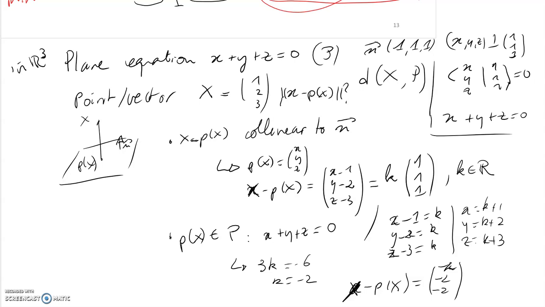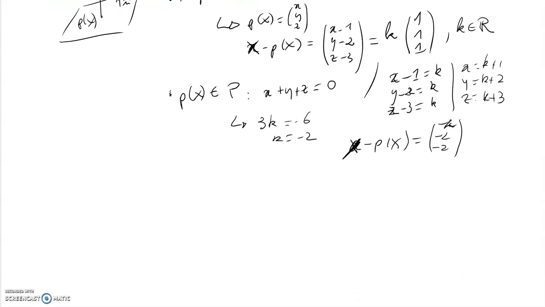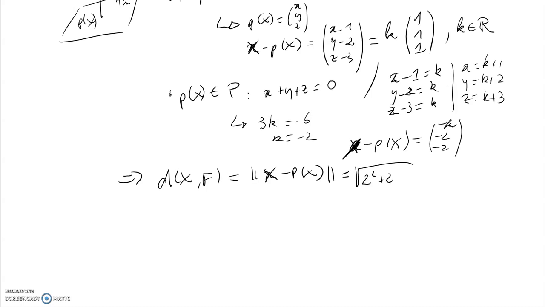That's it. Then the distance between X and the plane is the norm of X minus P of X, given by the square root of 2 squared plus (-2) squared plus (-2) squared. That's the square root of 12, which is 2 square root of 3.